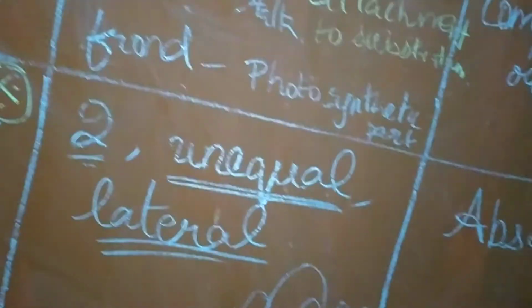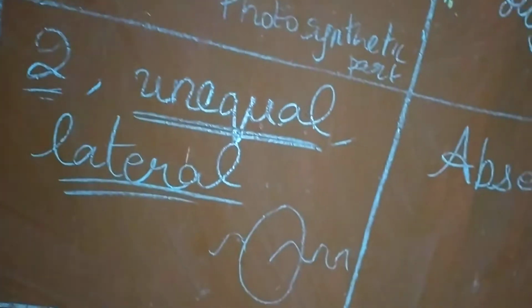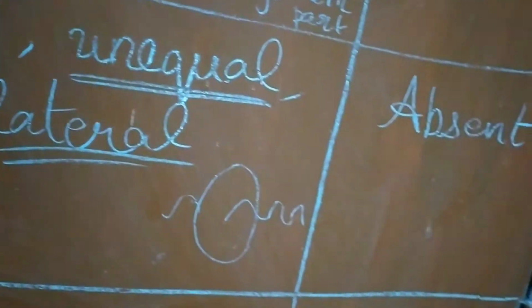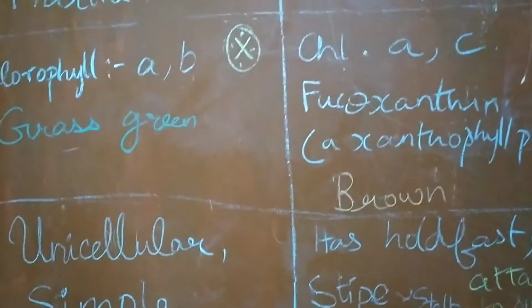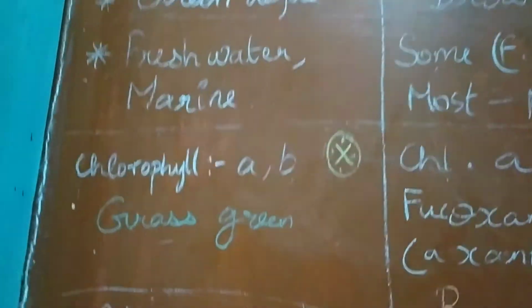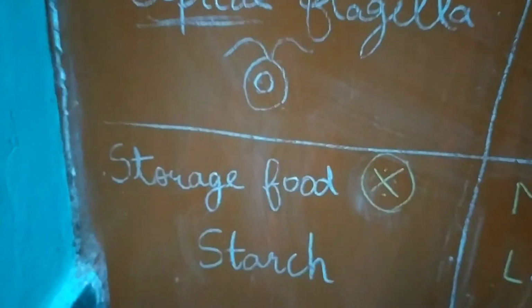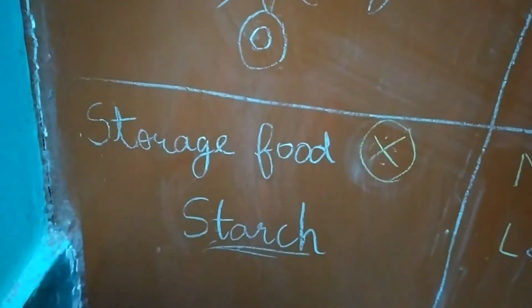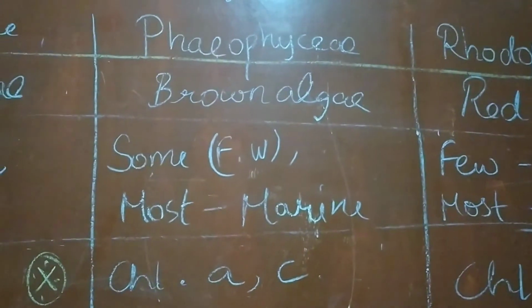Okay, and the next important thing is the food that is being stored. We are going to see about that. In Chlorophyceae, the food stored is simply starch. And coming to the next class, it's Phaeophyceae.